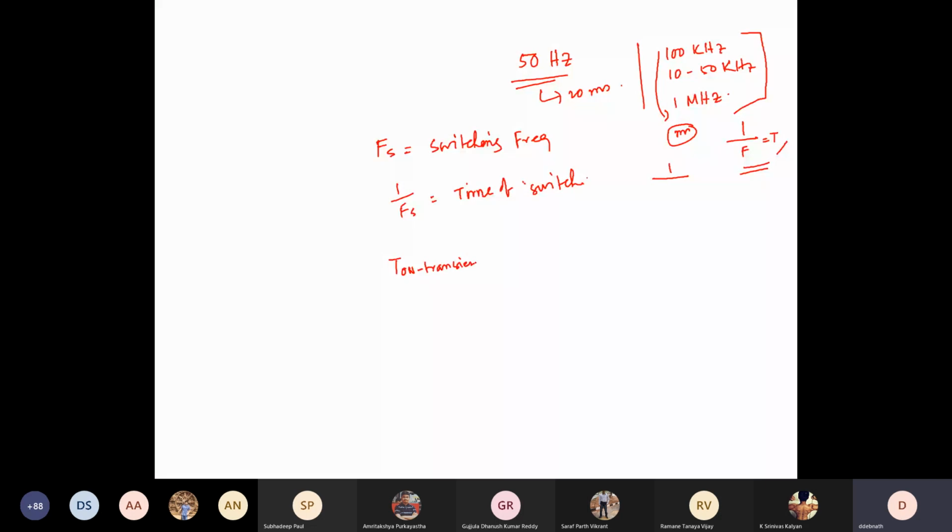So basically, you imagine something like this. I want a switch to turn on and turn off like this. So I want a switch to turn on here at say t equal to 0. And at t equal to some t1, I want it to turn off. And then at t equal to t2, I want it to turn on again. So this is ideal, this is my expectation.